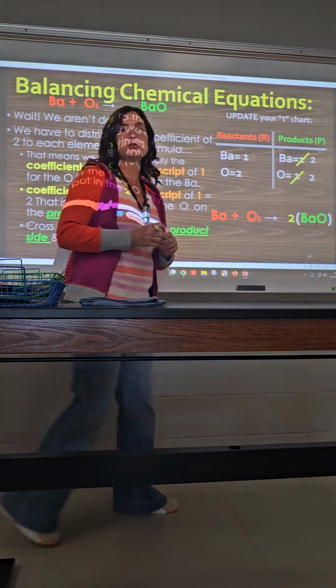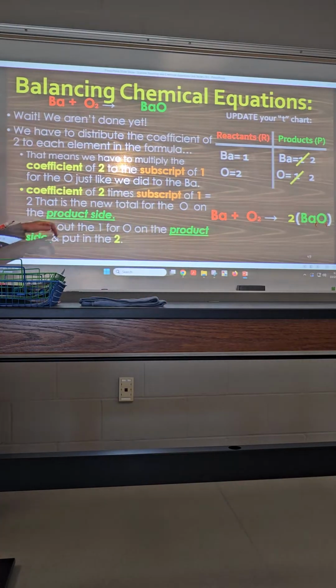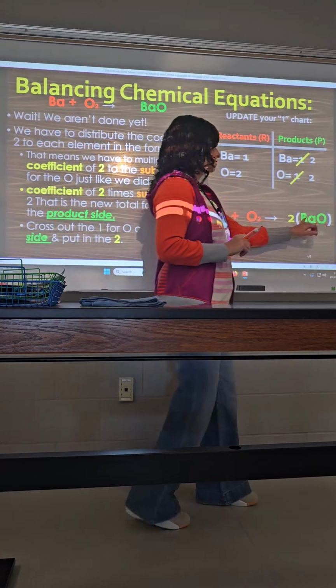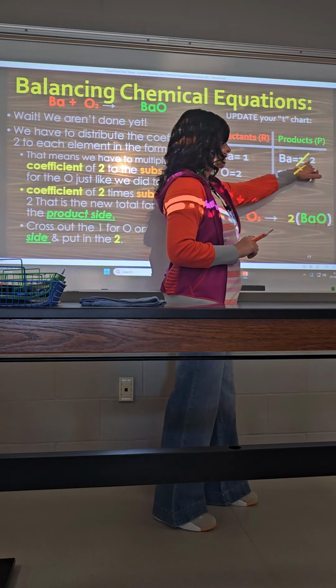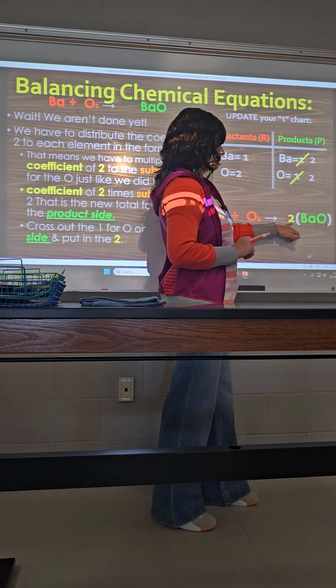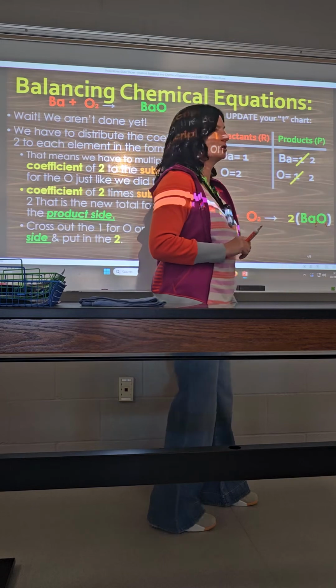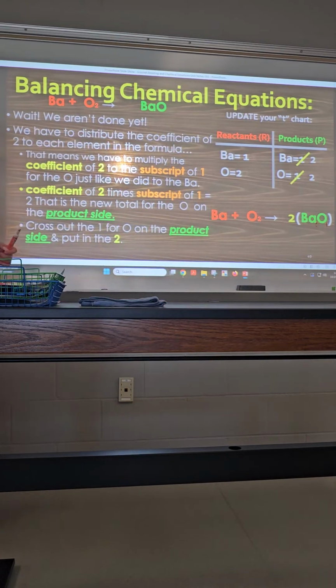Okay, is everybody with me so far? Again, you're just distributing this 2 to barium's 1, making that a 2, and this 2 to oxygen's 1, and now that's a 2. Yes?